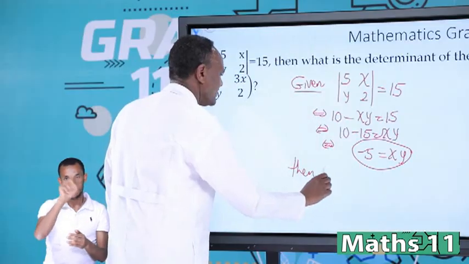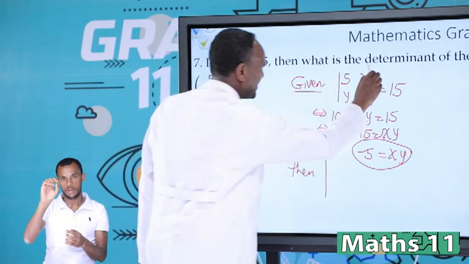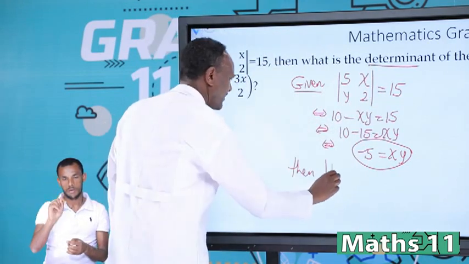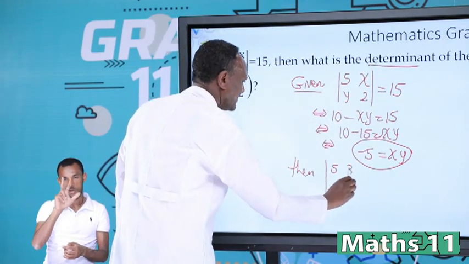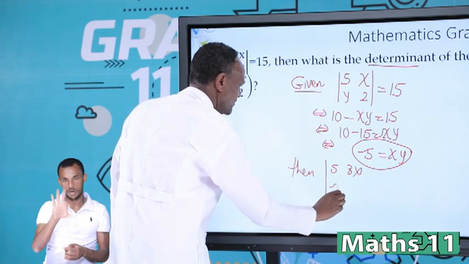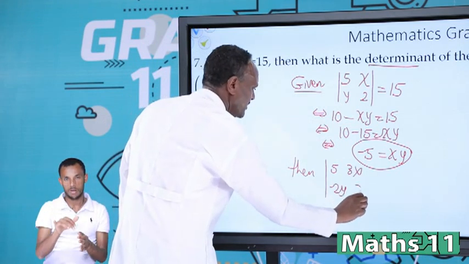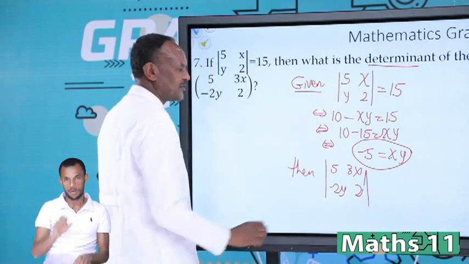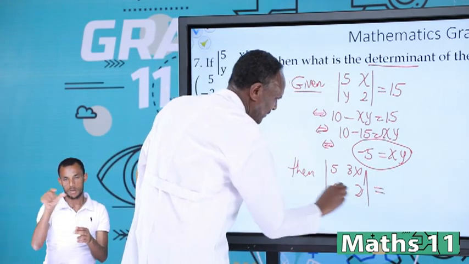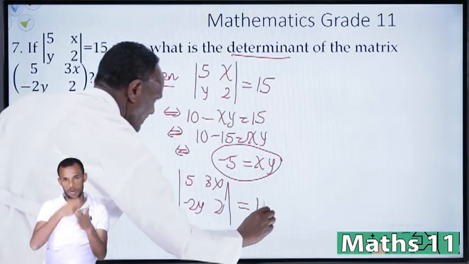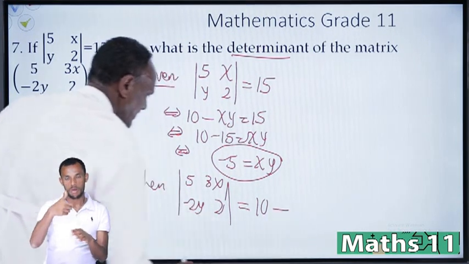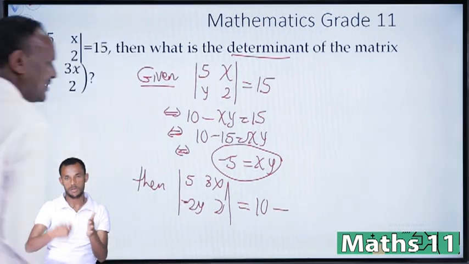Then, what are you asked? You are asked to find the determinant of 5, 3x, negative 2y, 2. Since it is a 2 by 2 matrix, I will have the product of the main diagonal, 10, minus the product of the other numbers.